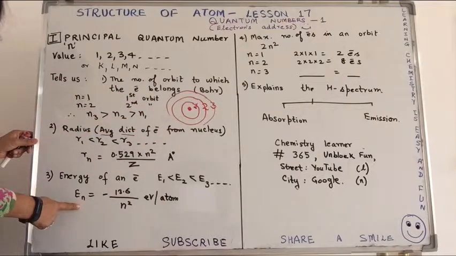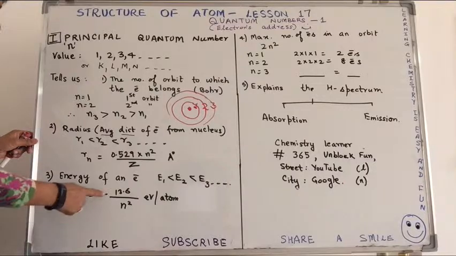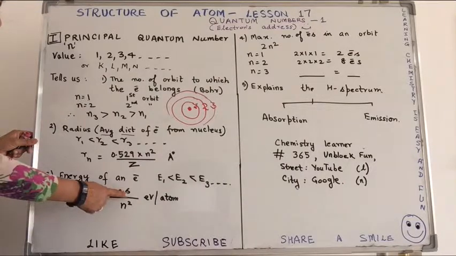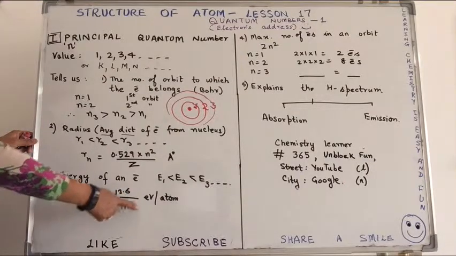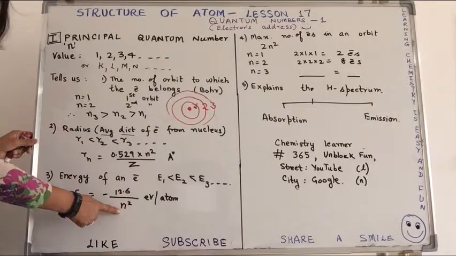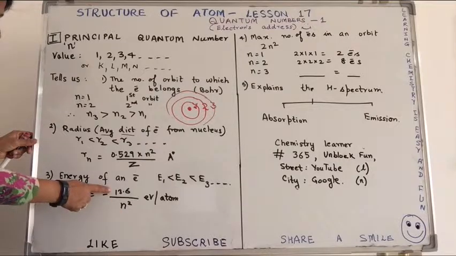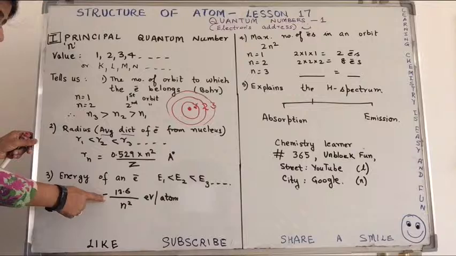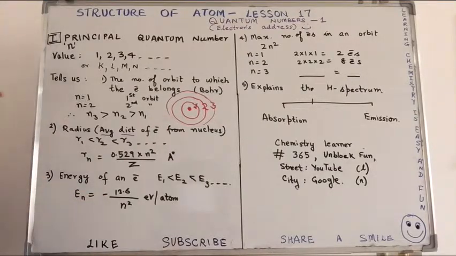This is again proved by the mathematical expression En is minus 13.6 upon n square electron volt per atom. Here, although n is in the denominator, if you notice, the energy has a negative value. And we've already discussed this in the previous videos.